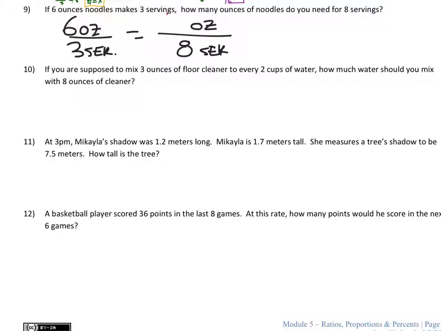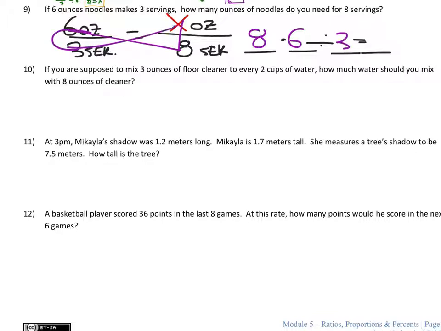Now if we want, we can use an X for the unknown value for the number of ounces, and that would allow us then to use the fish method. 1, 2, 3, 4, multiply, divide, and equals. And I would go down to the 8, cross up here to the 6, bring that down to the 3, and finish off at the X. It appears that for this we would get 16, right? 16 ounces?